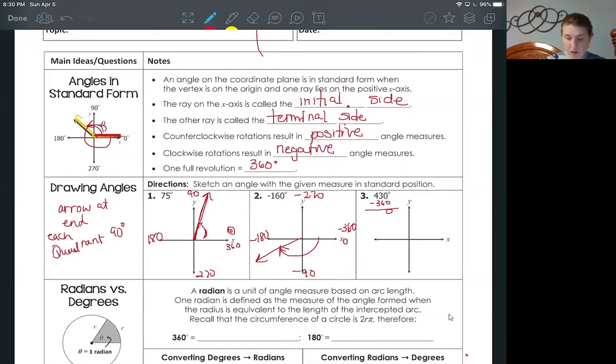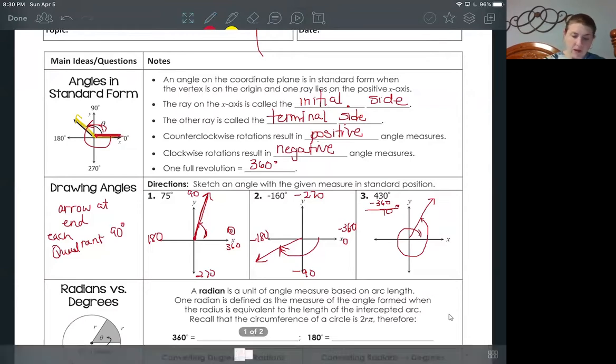We get about 70 degrees. So 70 degrees is where we're going to land, but we have to go around one full turn. So we're going to go all the way around and then stop at 70 degrees. So you can see that we have a couple different ways for us to show the types of rotation that we have.